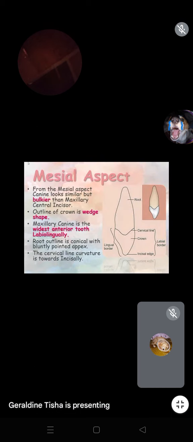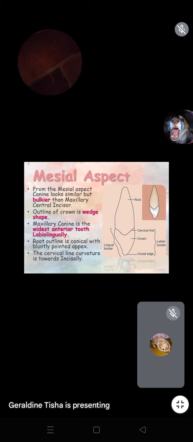So, let me go back to the start. Labial aspect: from the labial aspect, the canine looks similar to but bulkier and larger than the maxillary central incisor. The outline of the crown is wedge-shaped. It is narrowly triangular, wider at the apex and tapering towards the base.